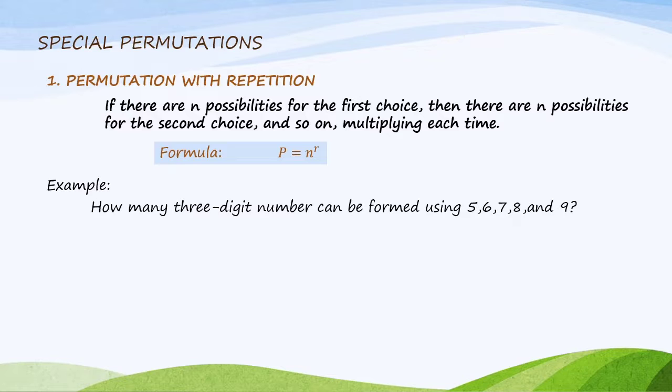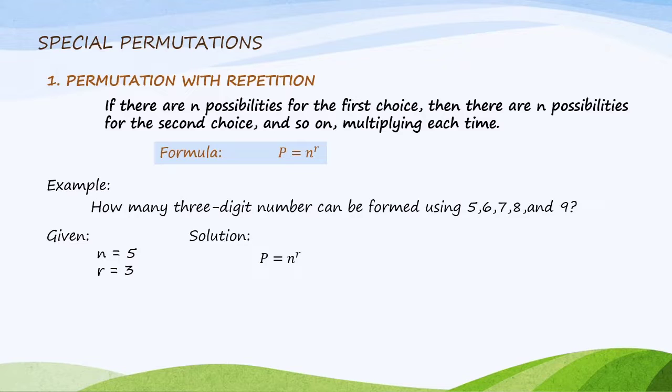Example, how many three-digit numbers can be formed using 5, 6, 7, 8, and 9? So the given are n is equal to 5, since there are 5 numbers given, r is equal to 3 since the task is to take and arrange 3 digits from the given numbers.